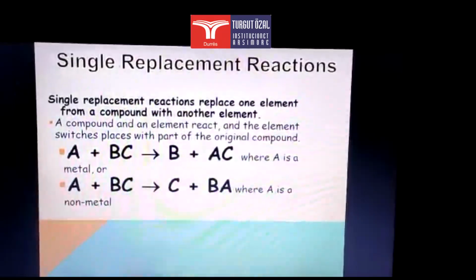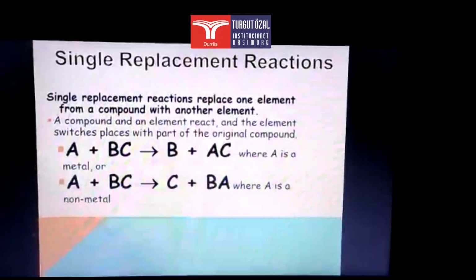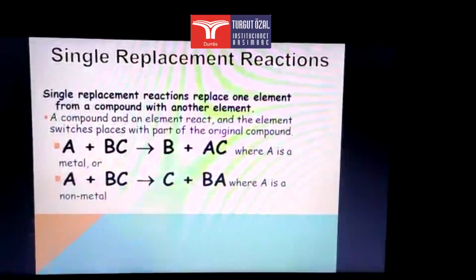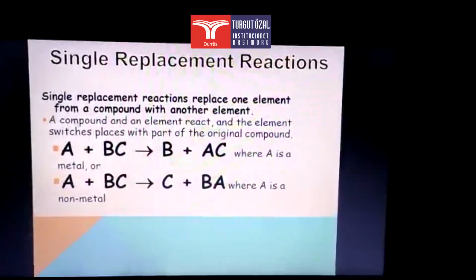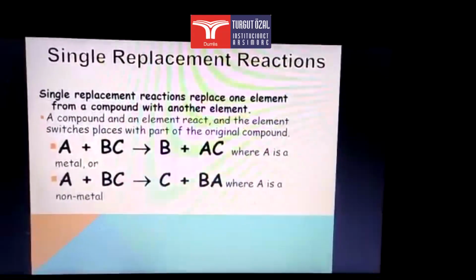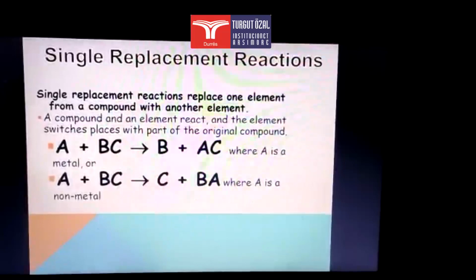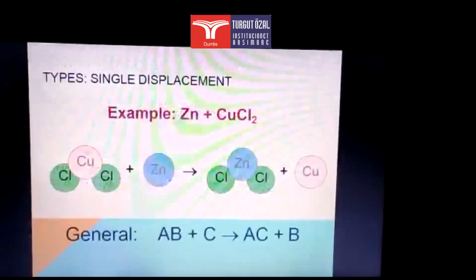Single replacement reactions replace one element in a compound with another element. An element reacts with a compound and switches places with part of the original compound. A plus BC gives B plus AC, where A is a metal, or A plus BC gives C plus BA, where A is a non-metal.